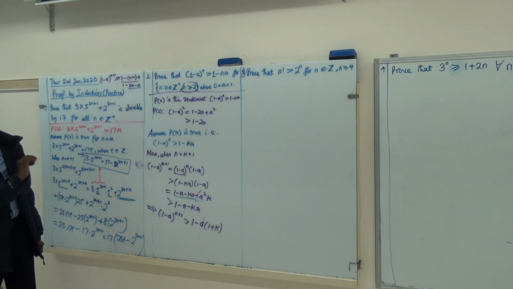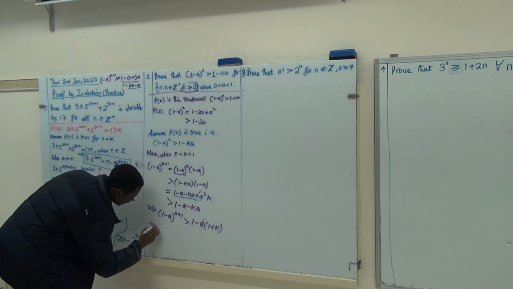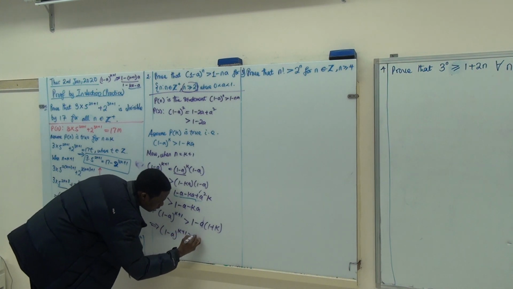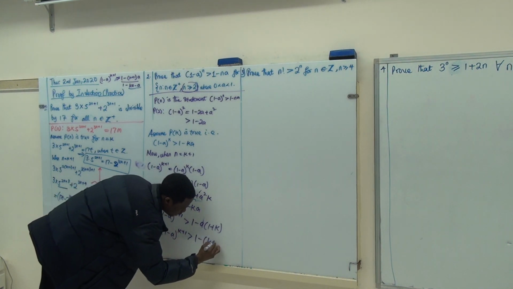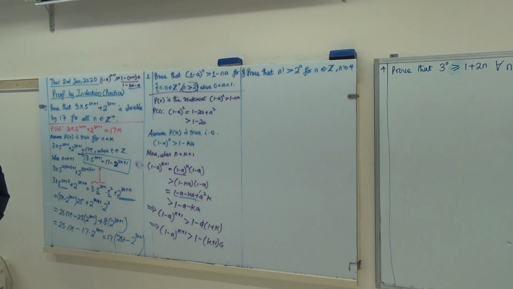And change 1 plus k to k plus 1. And I achieve my result. Which means (1 minus a) to the power k plus 1 is greater than 1 minus (k plus 1) times a. And this is what we want to achieve. So this shows that Pk plus 1 is true. Then the statement is true for all n. Any questions? So write your conclusion.